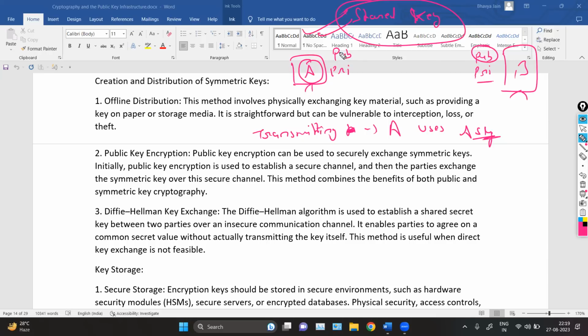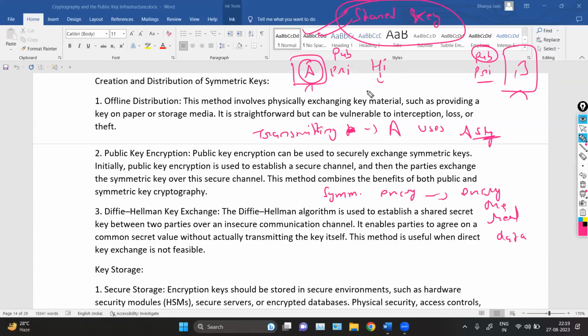Now A uses the symmetric algorithm for encrypting the real data, let's say any file or any message. So A uses the shared key for the encryption of the data, let's say hi.